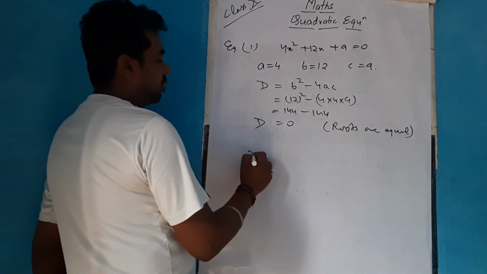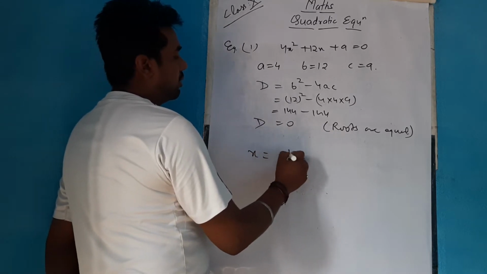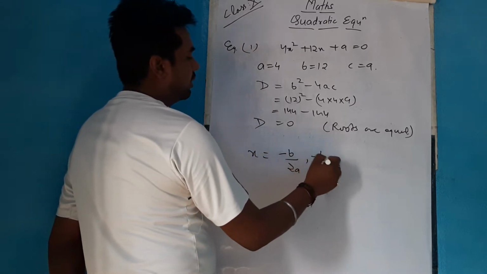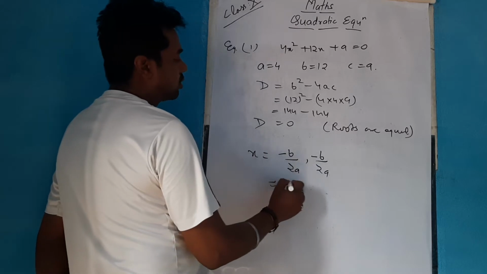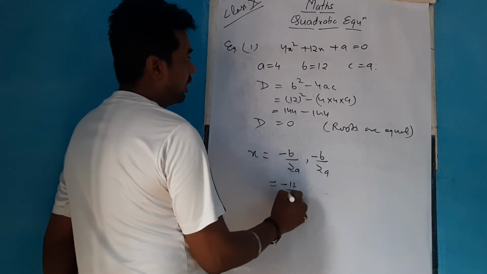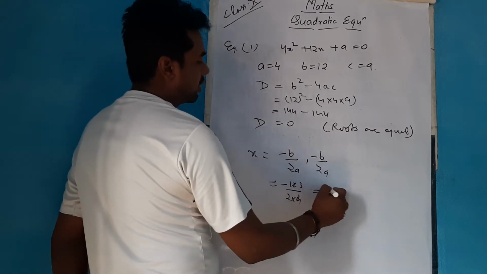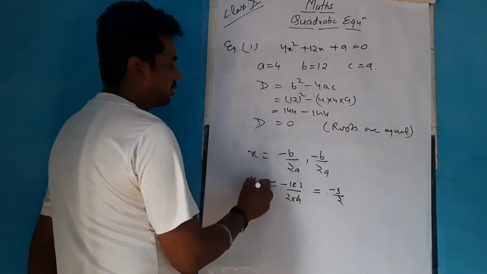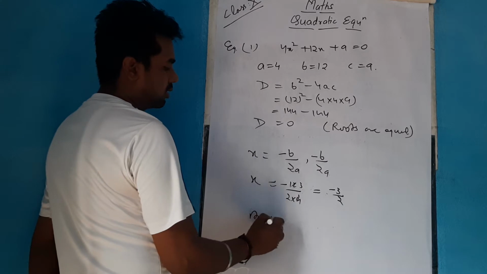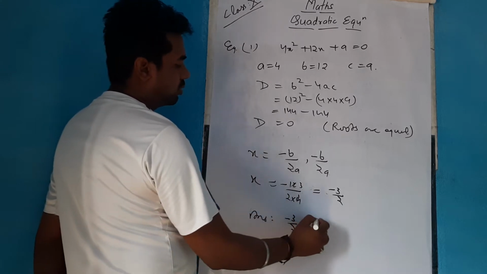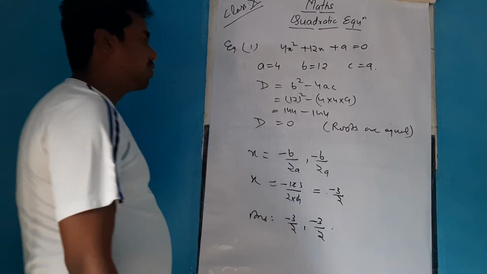The value of x will be minus b by 2a and minus b by 2a. Here minus b is minus 12, a is 4, so this becomes minus 3 by 2. So the answer is minus 3 by 2 and minus 3 by 2.